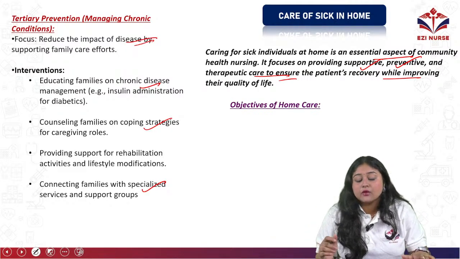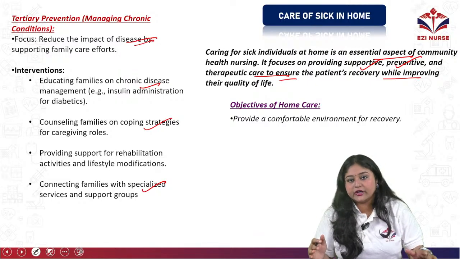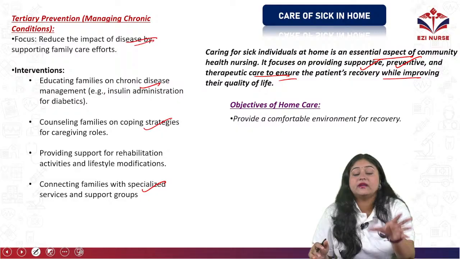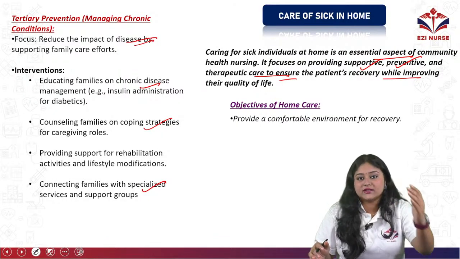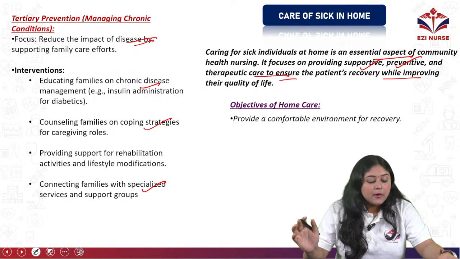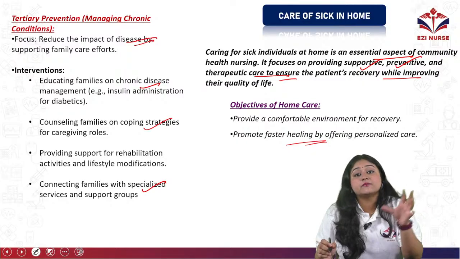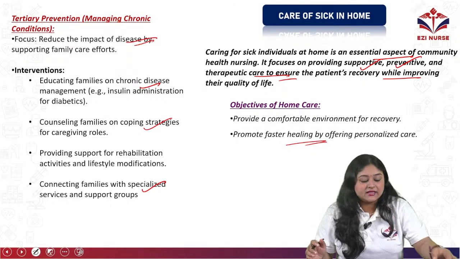Okay, so now come to the objectives. First is a comfortable environment for recovery. It means the room in which we provide that particular patient's care should be eco-friendly for that patient. Next, we have to promote faster healing by offering personalized care.